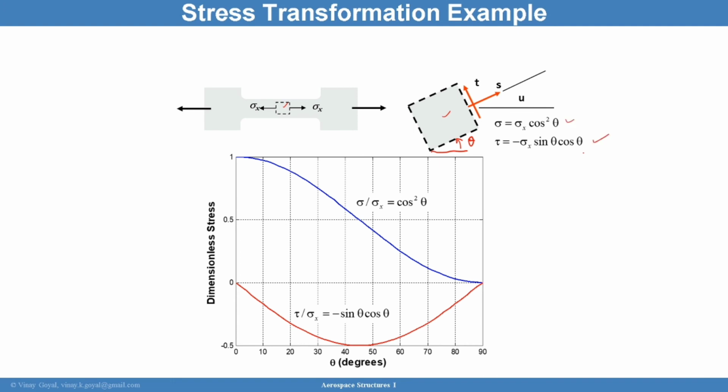As I rotate theta, you can see that the shear stress changes and the magnitude increases up to 45 degrees and then draws back to 0 here. Of course, there's no shear stress when theta is 0, and you would not expect any shear stress when theta is at 90 degrees.